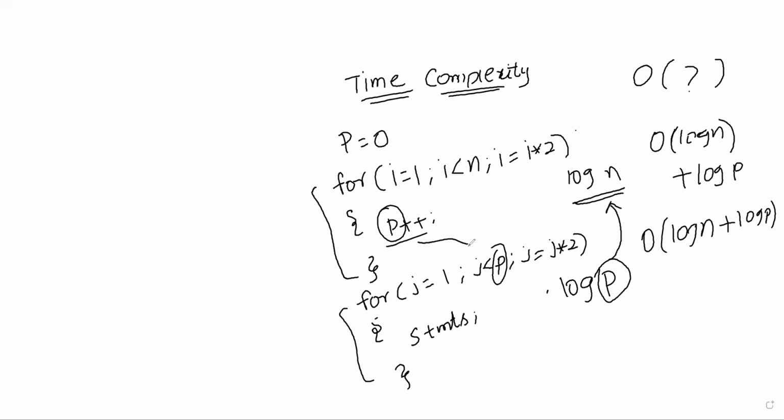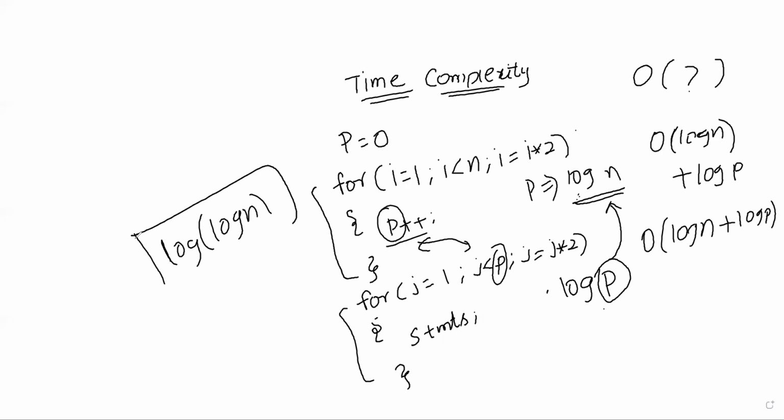In this particular case, since p is expressed in terms of log n, that makes it log of log n, because p is nothing but log n. So log of log n. Clear? Both of you, this answer is right. Whatever you told me is right, but still, you can always do it this way. Okay. Clear? Both of you?